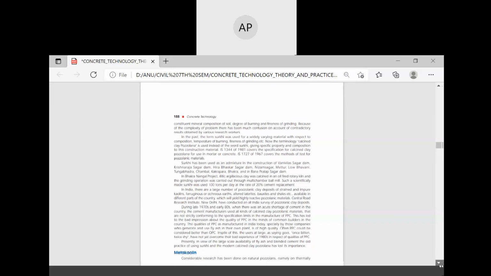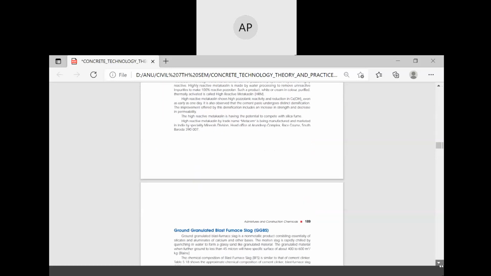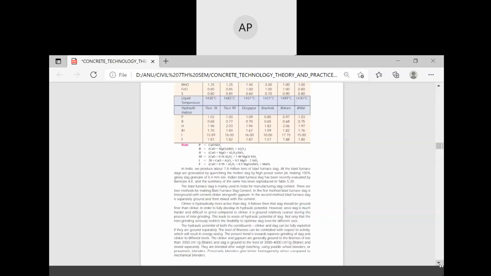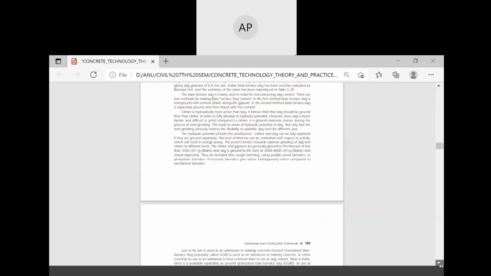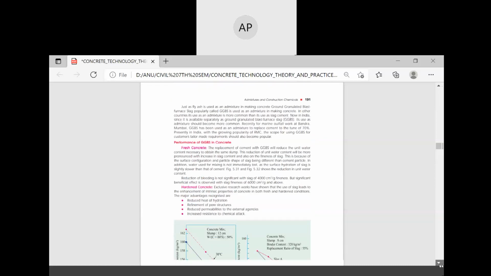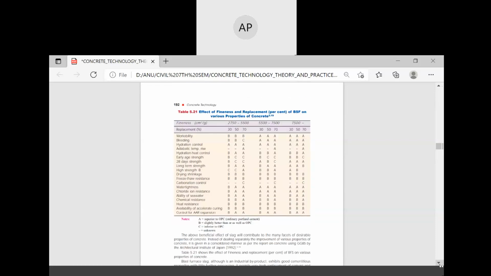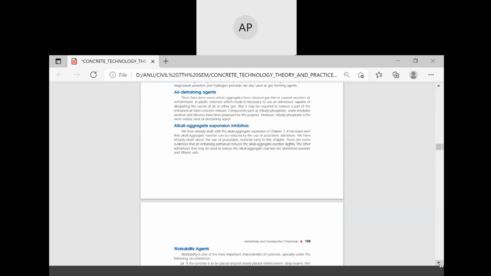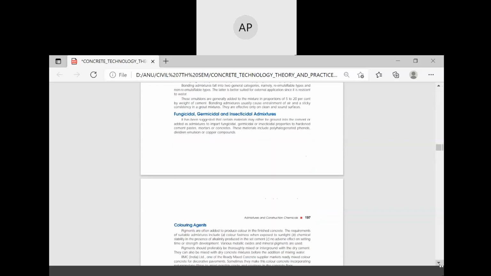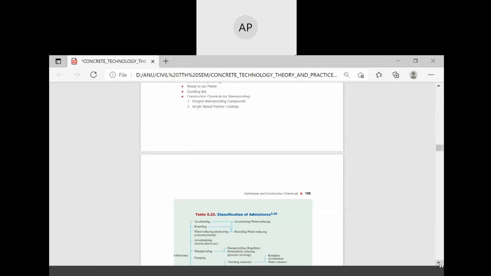Okay, what is the next? Ground granulated blast furnace slag. Main topics we will discuss here, not the whole book. Let me check the next chapter.